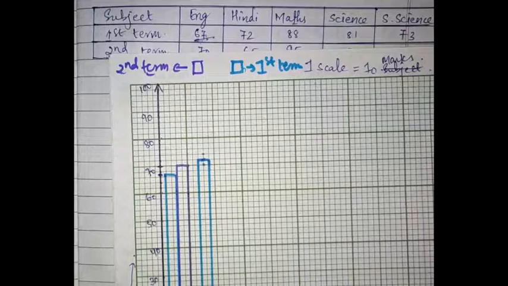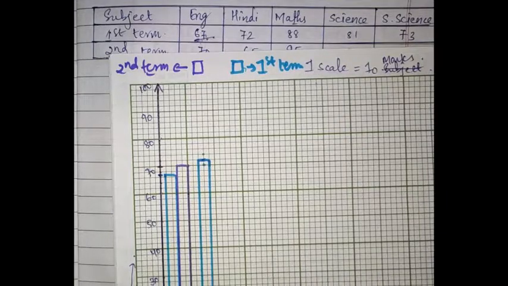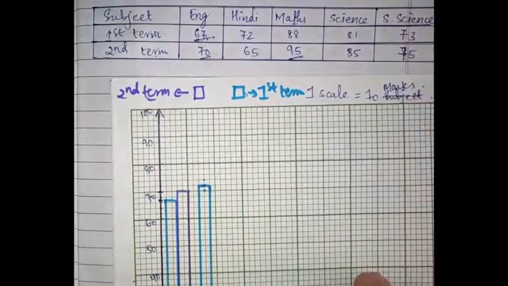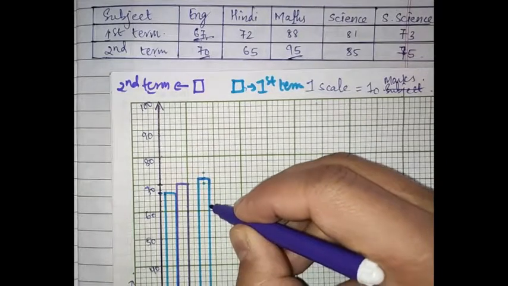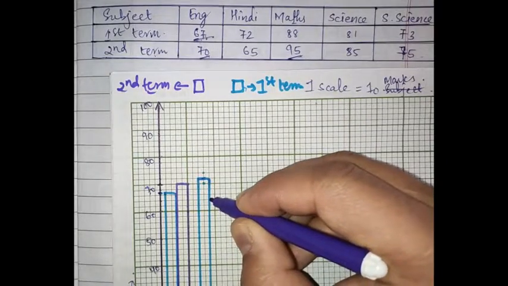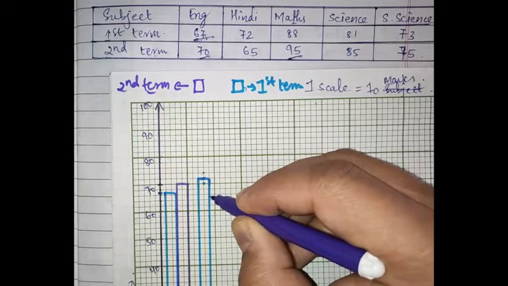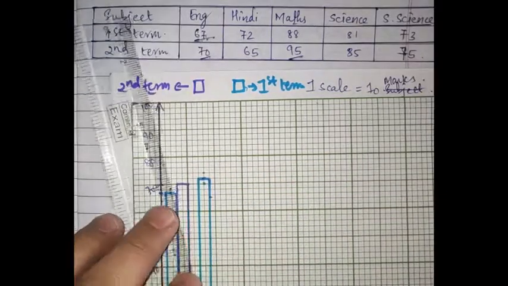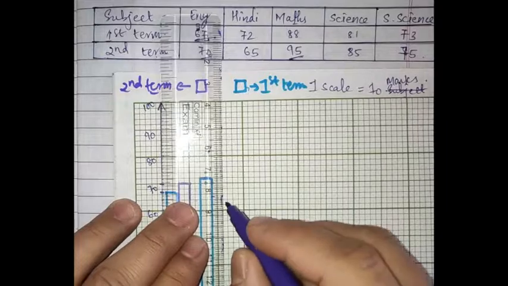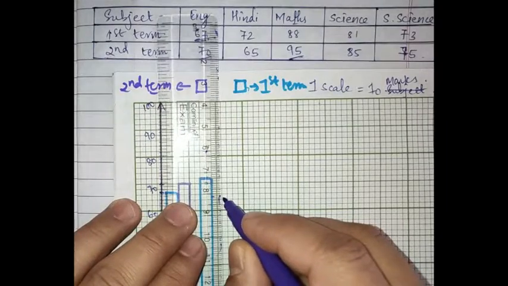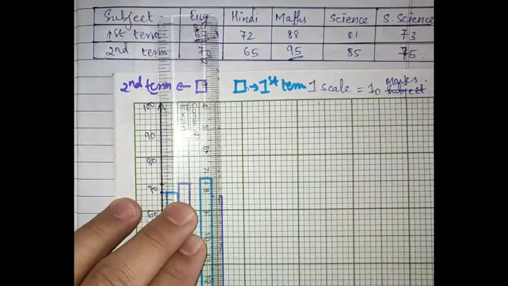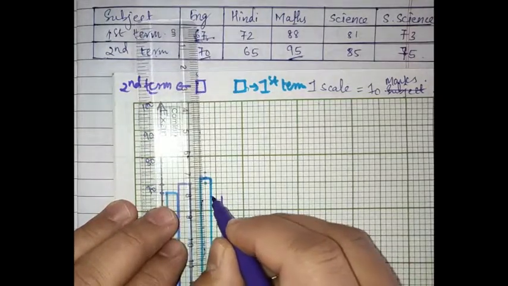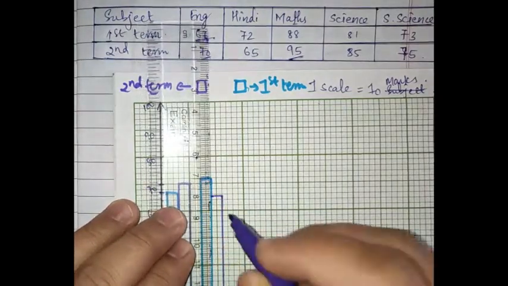So it is 72. And next we have 65 marks. So it is 60 here, 62, 64, 66. So it should be in between, right? So you are going to make it like this. So it is here.